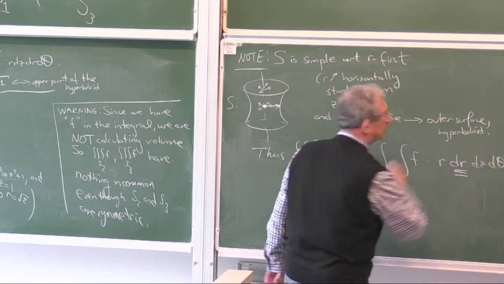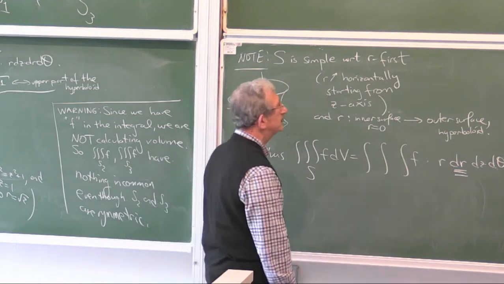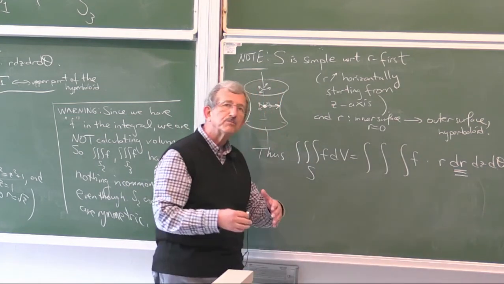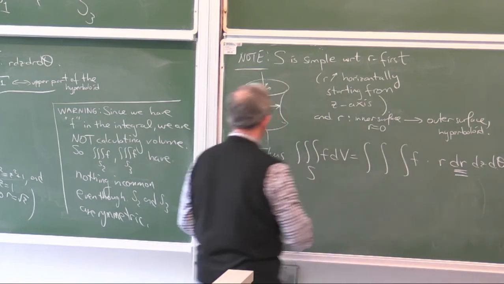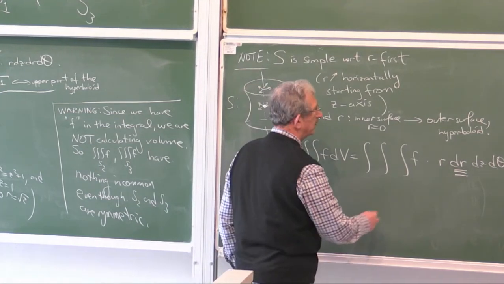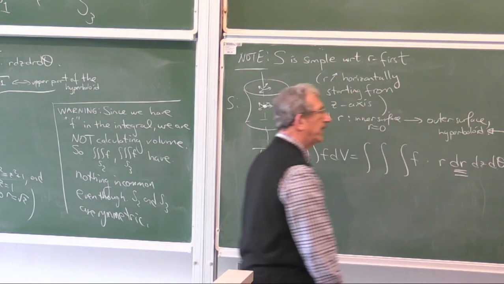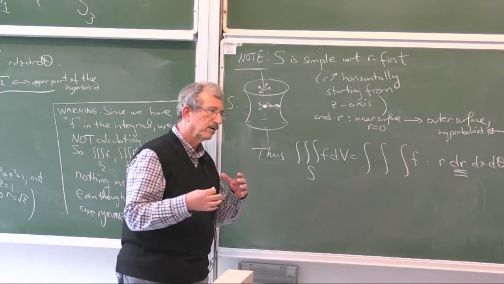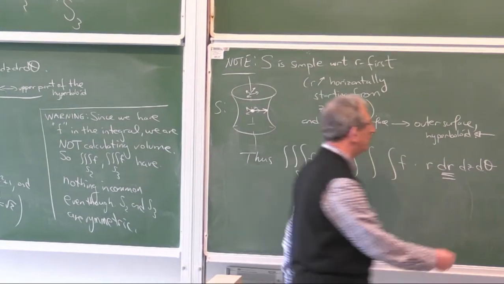It's not important how you choose the order after that, because, as we will see, they change between constants. So R changes from, again, 0 to the hyperboloid. Well, the hyperboloid in cylindrical language becomes the following.